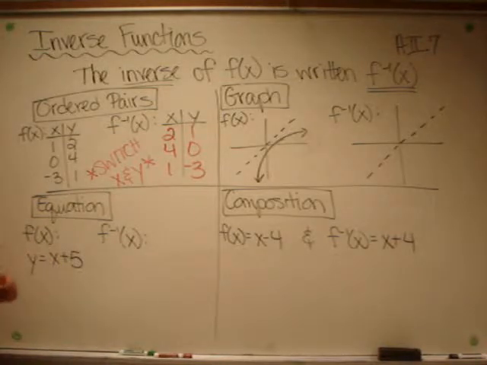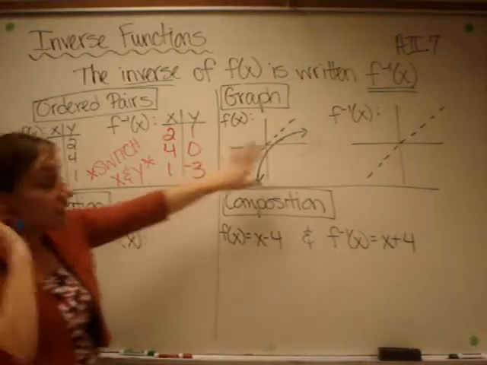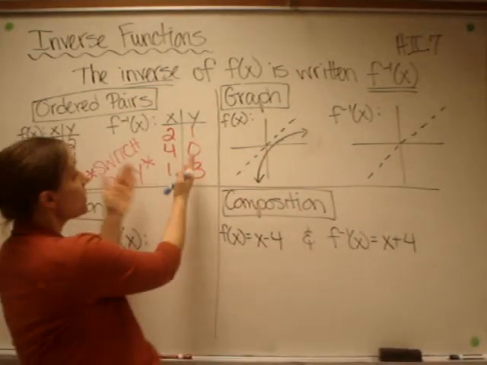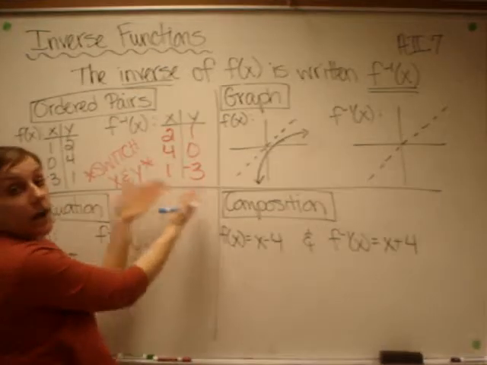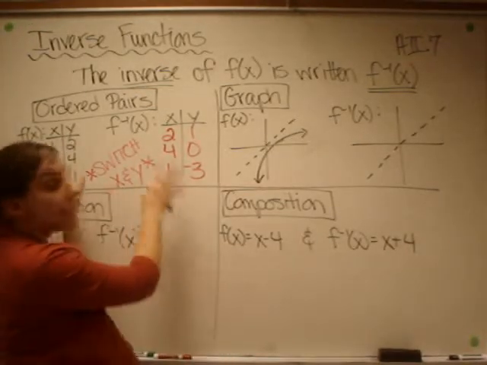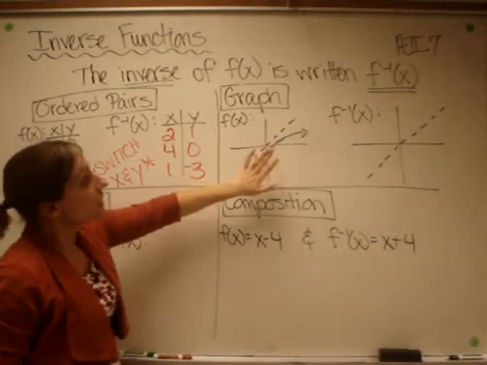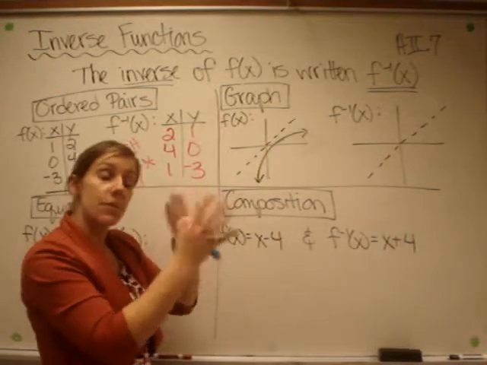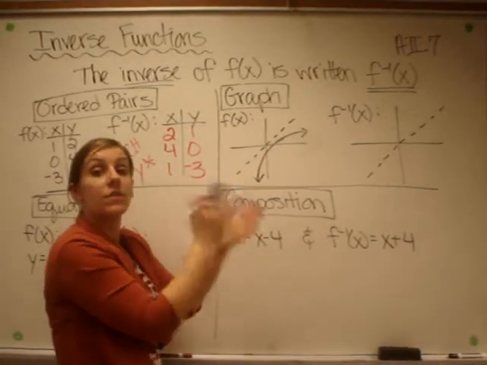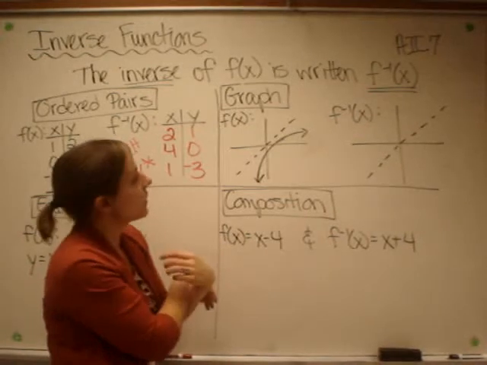In the next one, it's very similar. When you switch the x and the y, like we did for our table and our ordered pairs, it actually makes any type of graph a reverse or mirror image, I've seen it called.